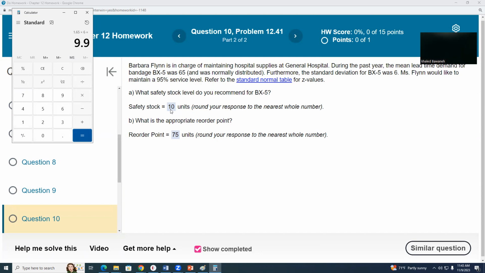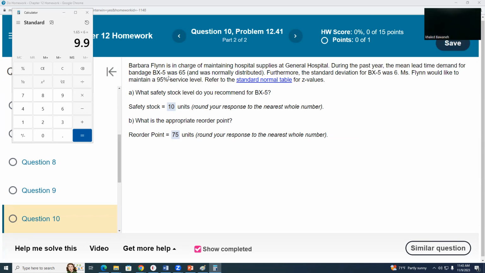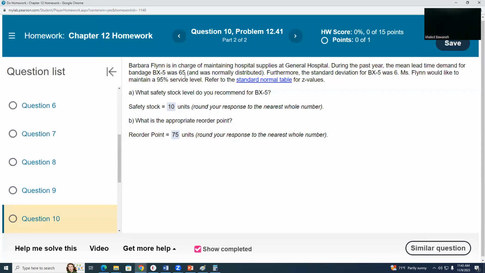And what is the reorder point? The reorder point Flynn would like to maintain. During the past year, the mean lead time demand was 65. So they need 65, plus the 10.